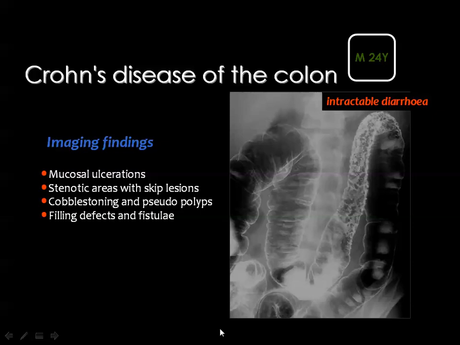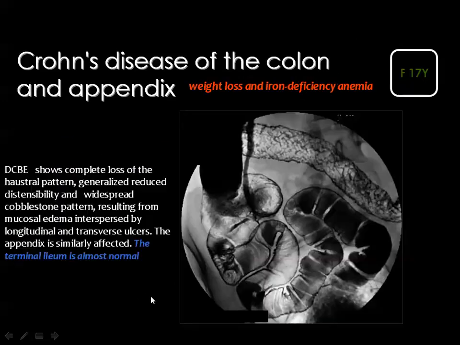Crohn's disease in the colon may result in mucosal ulcers and inflammatory pseudopolyps. One of the common causes of pseudopolyps in the colon and in the small bowel is Crohn's disease.